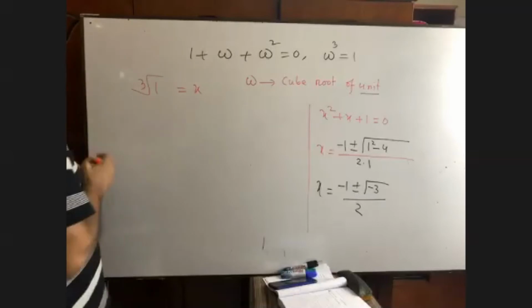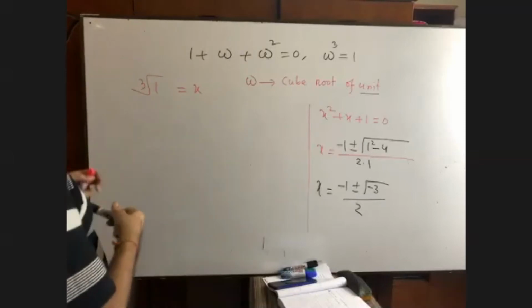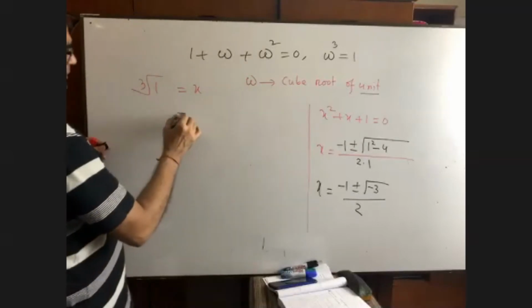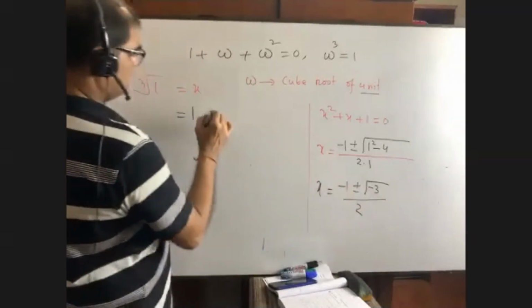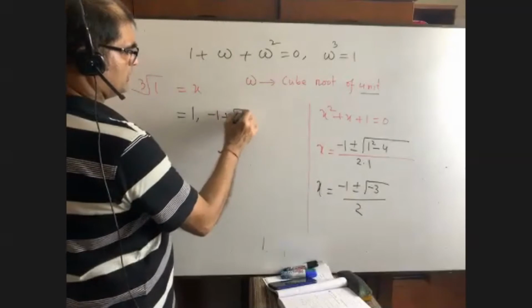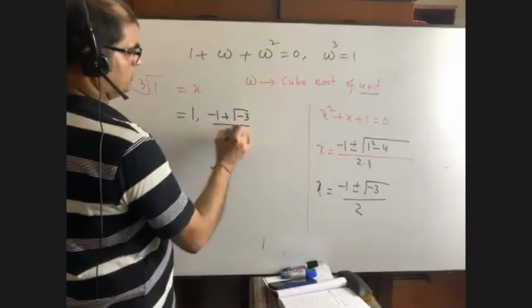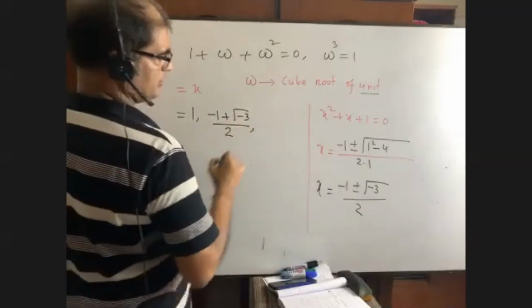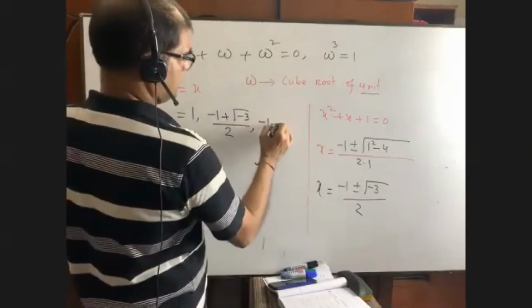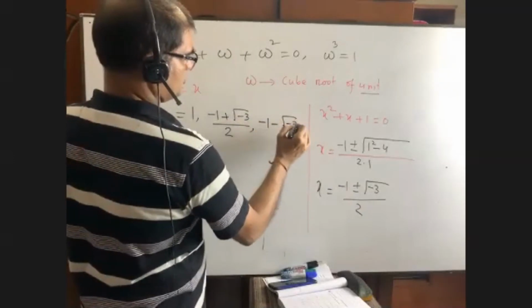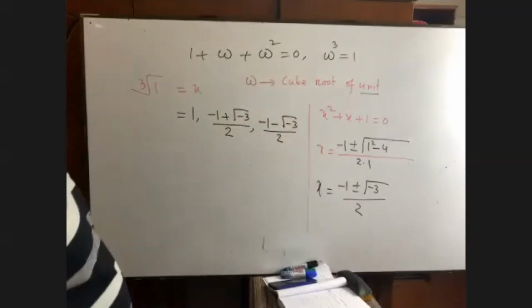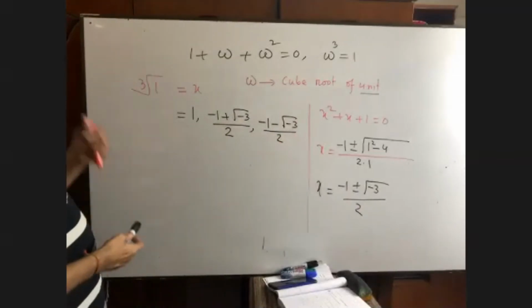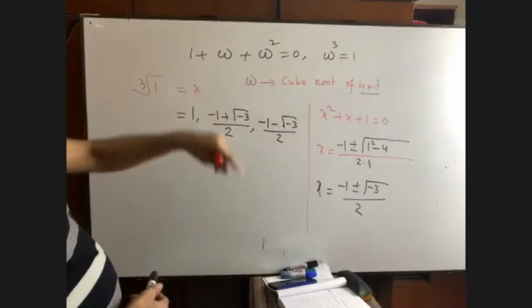Now, what are the values of x? We have got x equals 1, then minus 1 plus root over minus 3 by 2, and the other value, minus 1 minus root over minus 3 by 2. Have I got it or not? Please talk to me. Yes, sir.